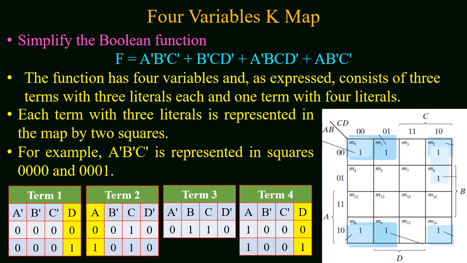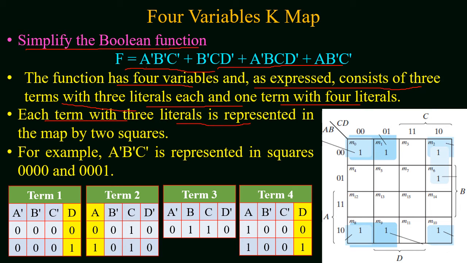Now in the next example, we have to simplify the given Boolean function, which is in the standard sum of product form. The overall function consists of 4 variables and is expressed as 3 terms with 3 literals and 1 term with 4 literals. Now we require the canonical form so that we can place all the minterms in the map for simplification purposes.